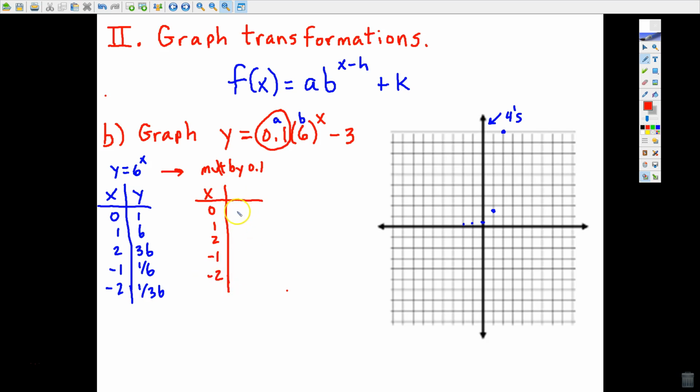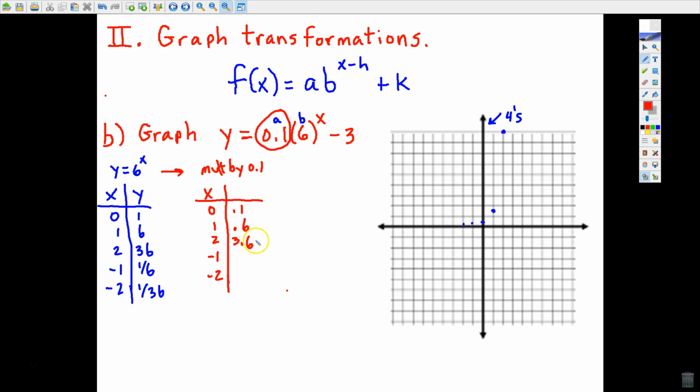Alright, so if you have to, you can grab your calculator and multiply each one of these y's separately times 0.1. 6 times 0.1, 36 times 0.1, 1/6 times 0.1. I'll give you the rounded decimal.